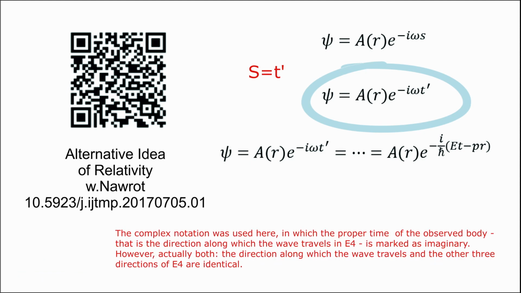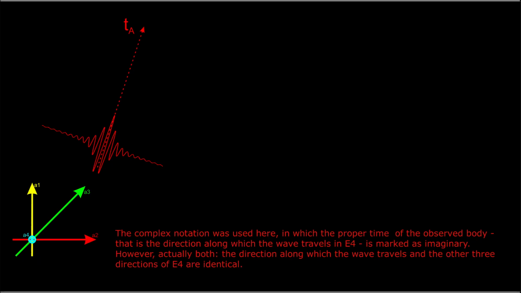The complex notation was used here, in which the proper time of the observed body, that is the direction along which the wave travels in E4, is marked as imaginary. However, actually both the direction along which the wave travels and the other three directions of E4 are identical.